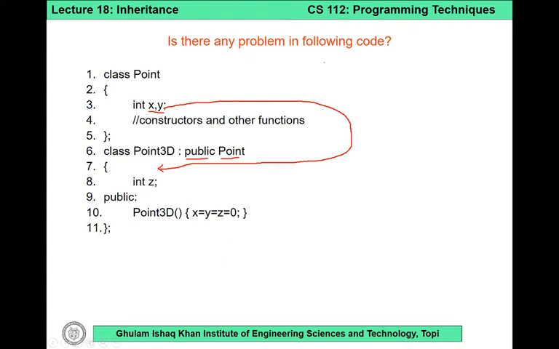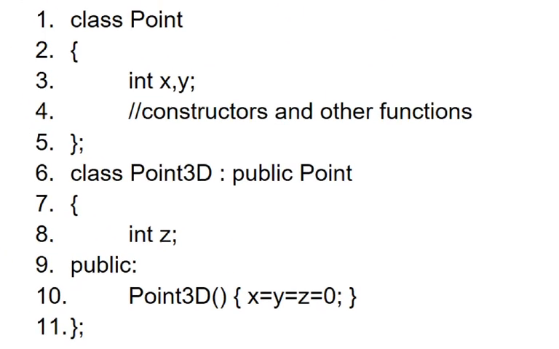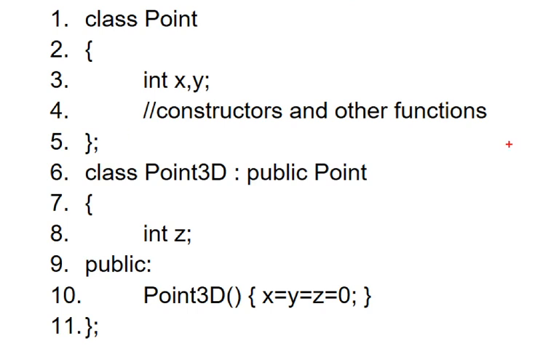But there is a huge issue in this complete program. Can you think about it? Okay, look at it closely. It won't work, right? Okay, let me explain it further. See, point class has x and y, right? 3D point has its own variable z, right?